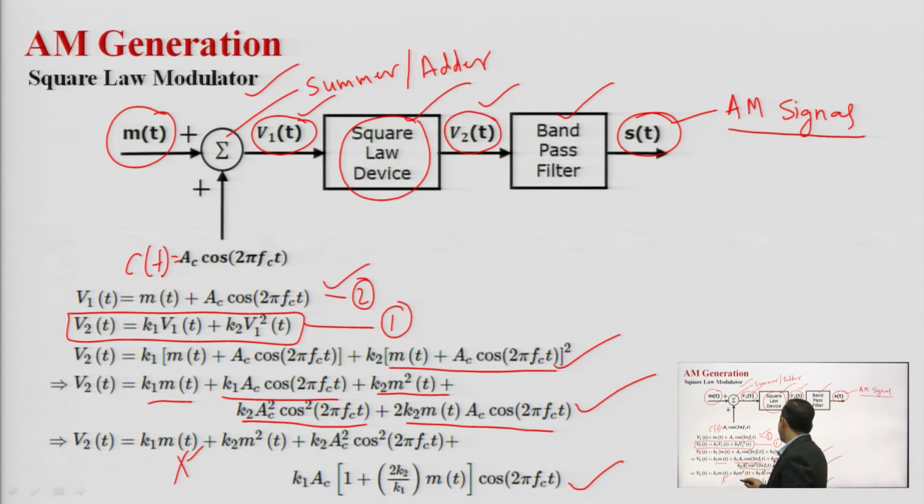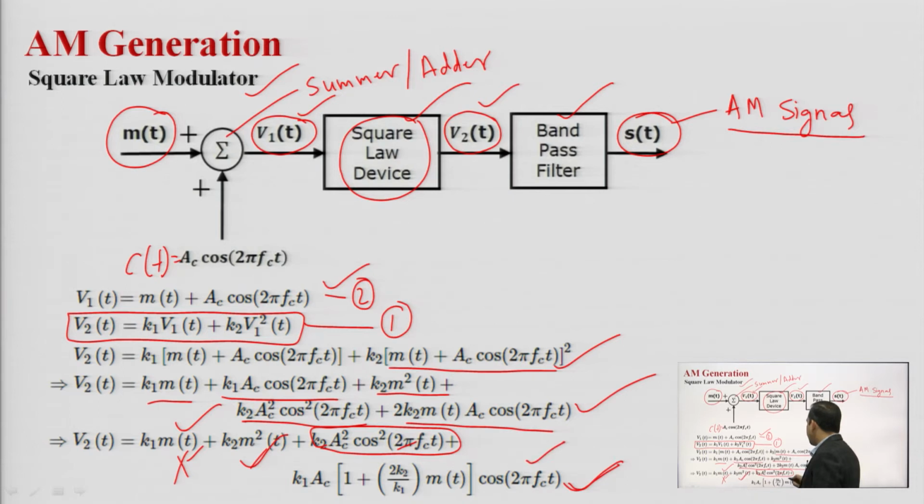We can clearly see that these 3 terms are not required, because this one is nothing but our message signal, this term is nothing but the square of the message signal, meaning there is no modulation, and in this third term we have only the carrier, meaning no information is there. So this third term is also unwanted. But in this last term we have the carrier and we have the message.